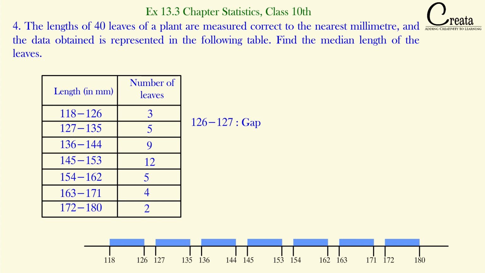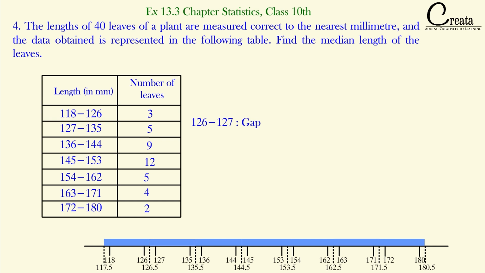What is the solution? Let's increase the upper limit of all these ranges by 0.5 and decrease the lower limit of all these ranges by 0.5. By doing so, we can fill the gap. We have increased the upper limit by 0.5 and decreased the lower limit by 0.5.